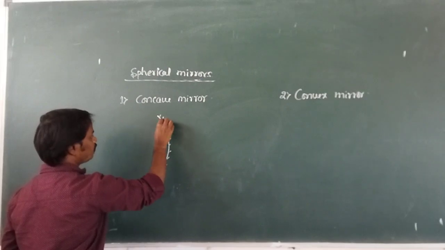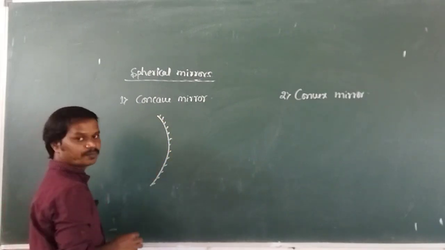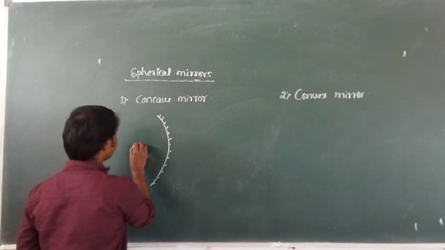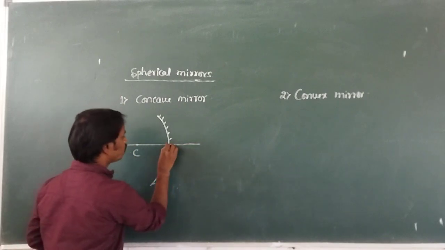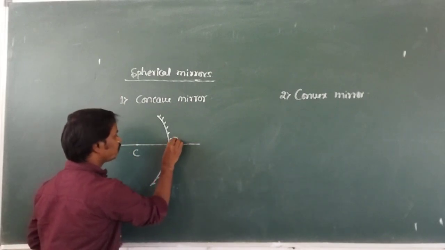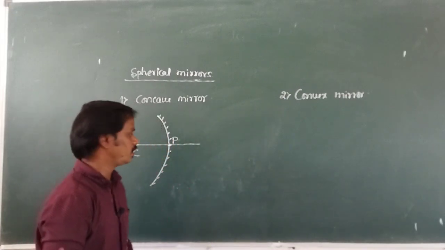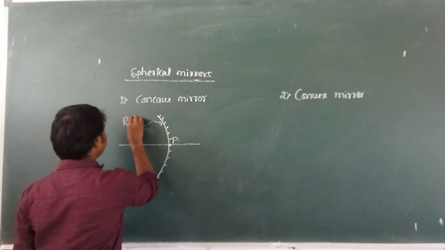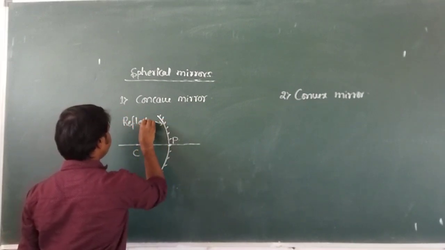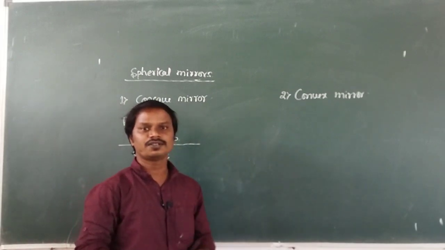This shaded surface is polished, and this unshaded surface is reflecting, and this reflecting surface is towards the center of curvature. The midpoint of the spherical mirror is called the pole. Now, this is the reflecting surface. Okay, so this is the diagram for the concave mirror.